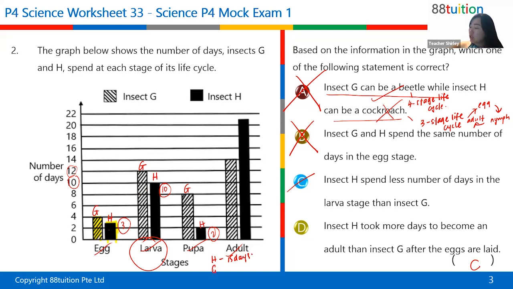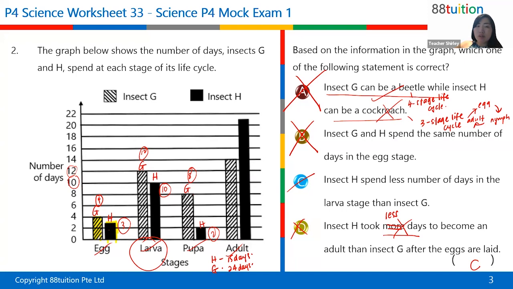Insect G spent 4 days here, 12 days here, and 8 days here, so it'll be 24 days. So insect H took more days is incorrect, because in fact, insect H took less days instead of more days.